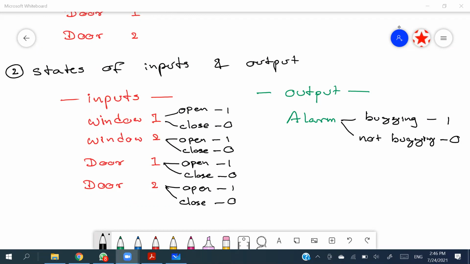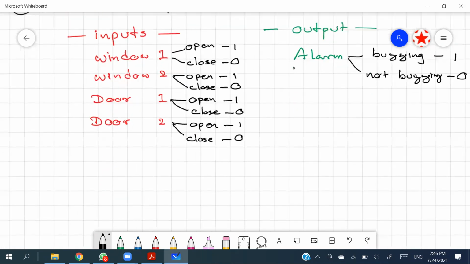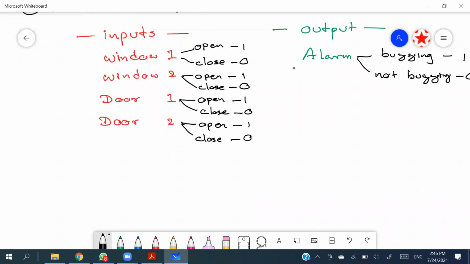Now, in the third part, what we are trying to do is figure out how the output behaves due to the inputs.